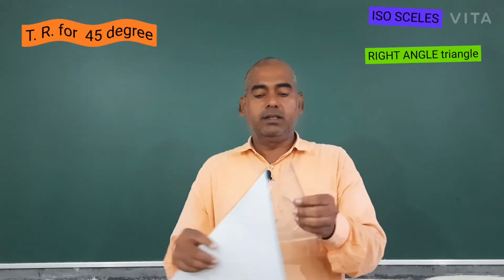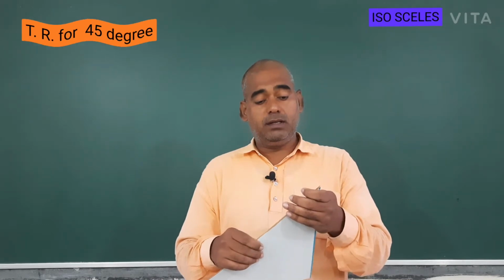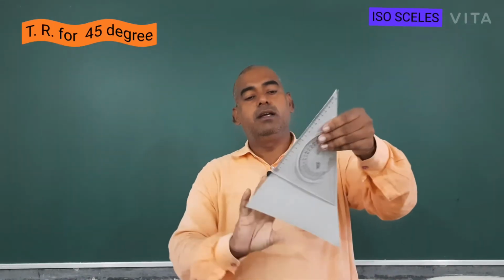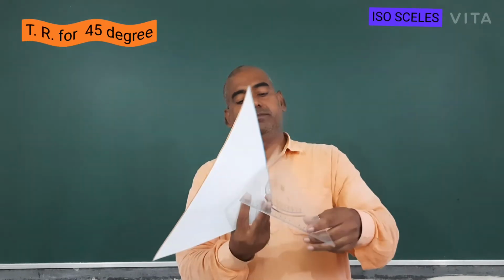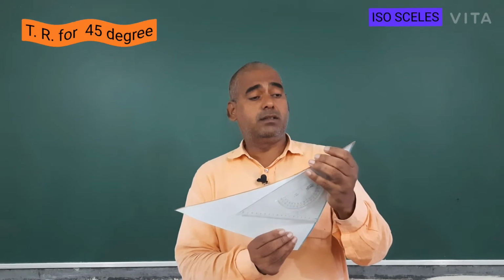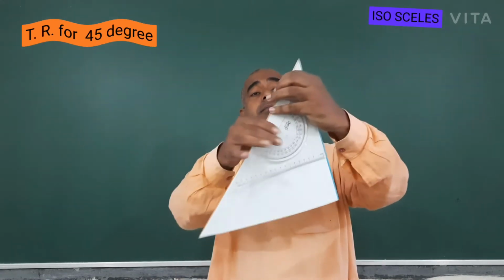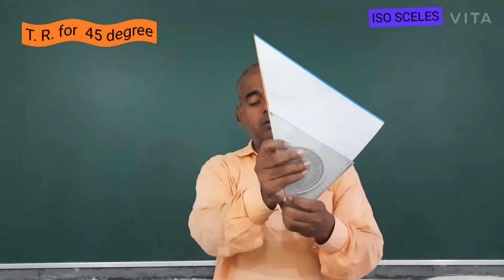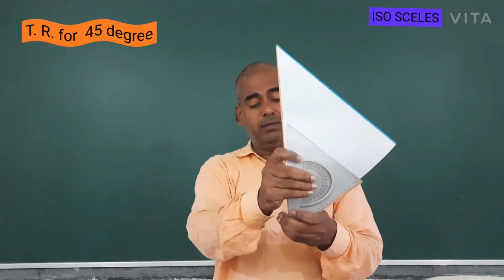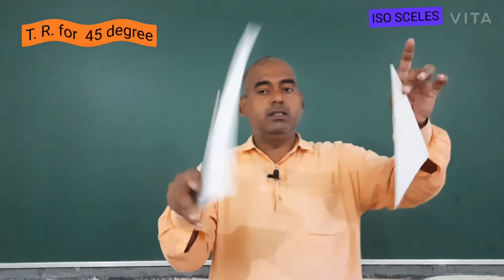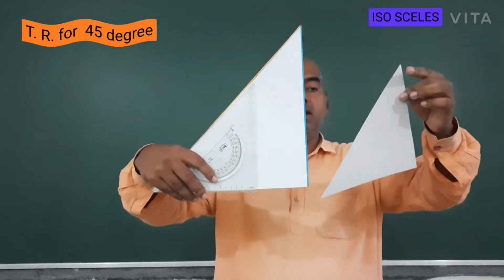So what do you think? Angles are same here, just look, angles are same. So if I have measured only 3 angles, how can we confirm which triangle it is? These 2 triangles are similar.